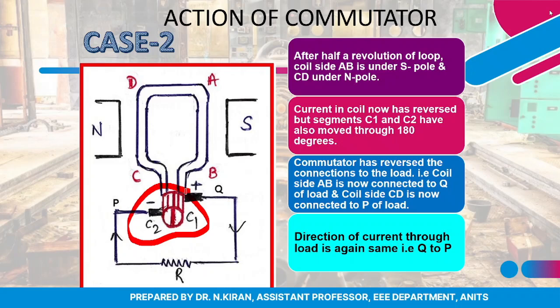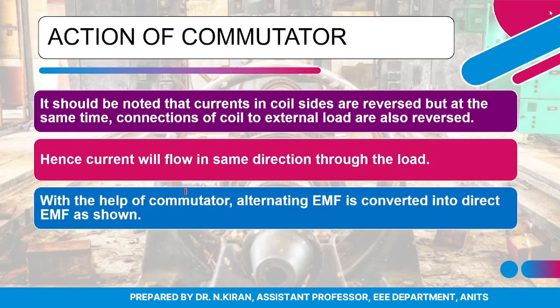If the commutator would not have turned along with the coil, then the output of the coil would still be alternating in nature. Since along with the coil, the commutator segments have also rotated, the direction of the current in the external load will remain the same. So that is what we should remember in this action of the commutator.